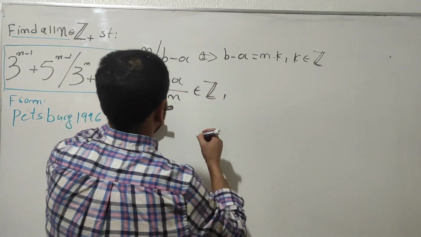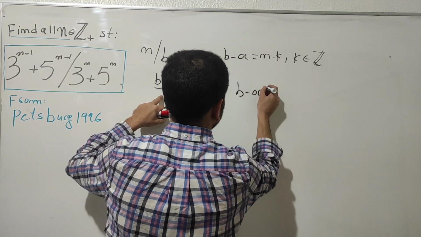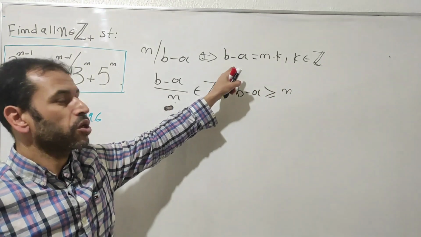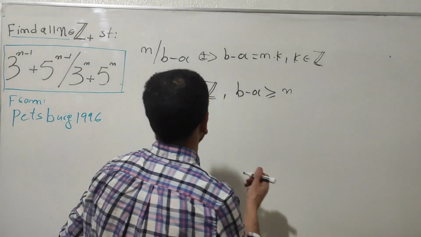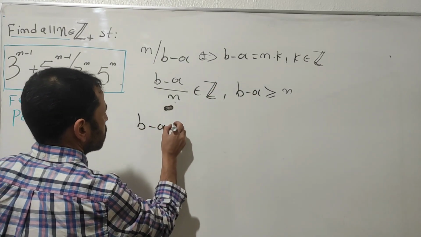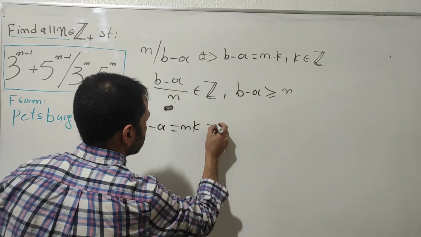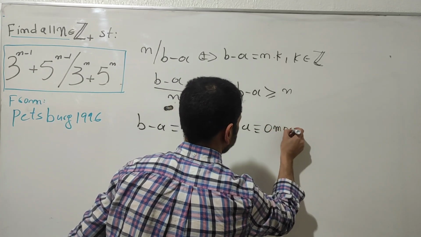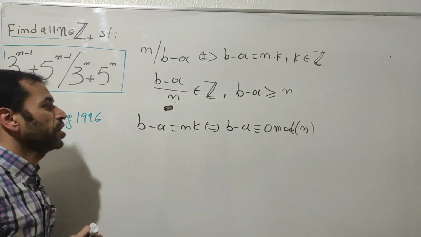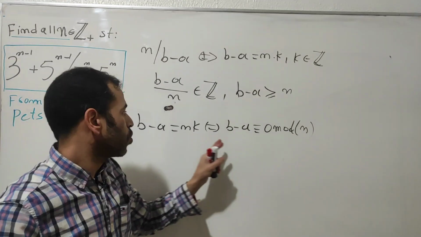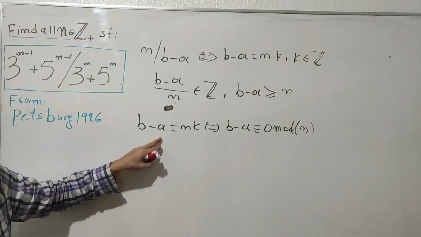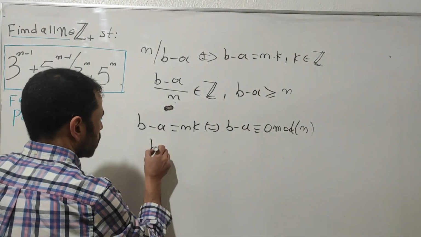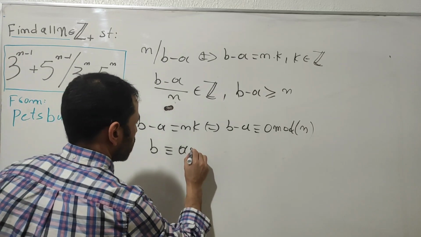This implies b minus a must be greater than or equal to n, because if you apply modular arithmetic, b minus a equals nk is equivalent to b minus a being congruent to 0 mod n. In this case, n is a divisor of this one, or n is a multiple of b minus a. If I move the a to the right, I simply get b congruent to a mod n.